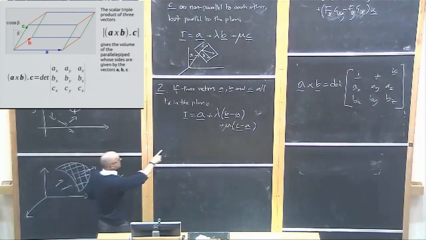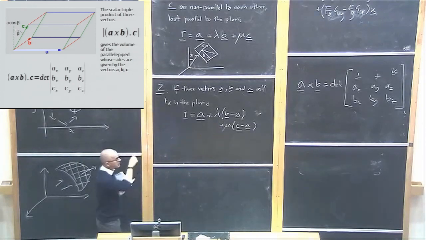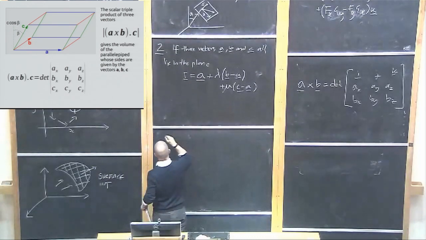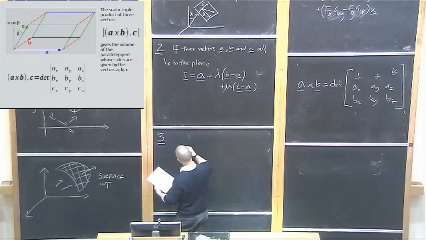So the B minus A and the C minus A are equivalent to the vectors B and C in the previous example. Slightly less intuitively is the following.